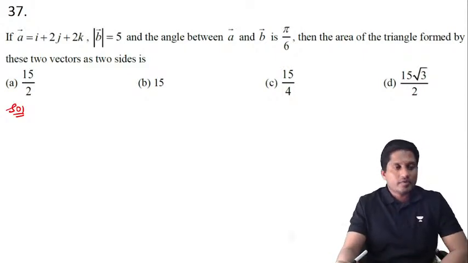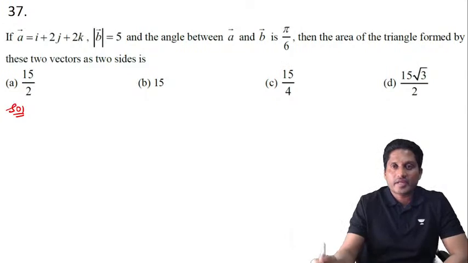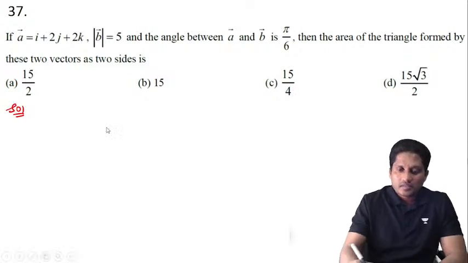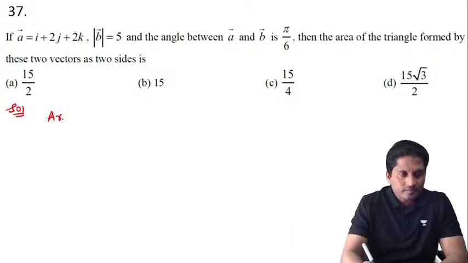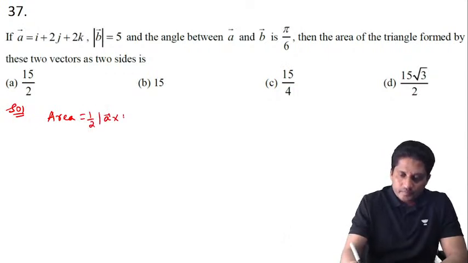Suppose vector A is given, modulus of B is 5, angle between A and B is pi by 6. Then the area of the triangle formed by the two vectors. Area of the triangle is half of modulus of A cross B, right? So this is equal to half of mod A into mod B into sin theta, that is sin pi by 6.